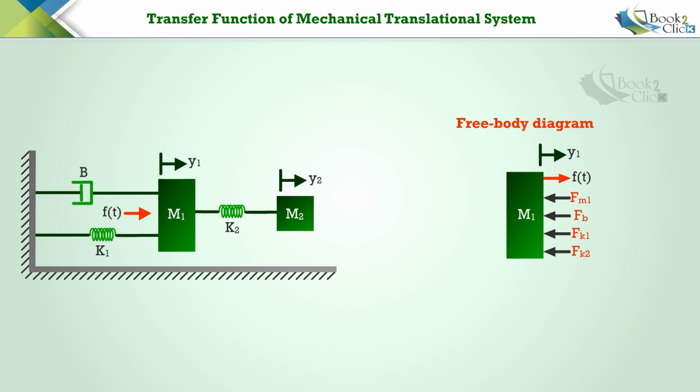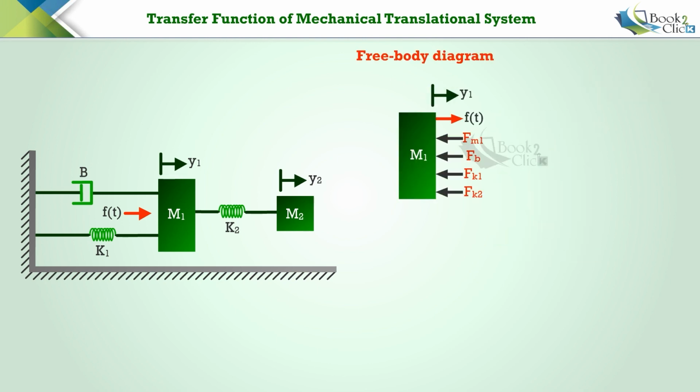Now, let us quantify the opposing forces acting on mass M1. The opposing force F M1 offered by the mass equals M1 multiplied by acceleration d square y1 divided by dt square. The opposing force Fb offered by the dashpot equals b multiplied by velocity dy1 divided by dt.